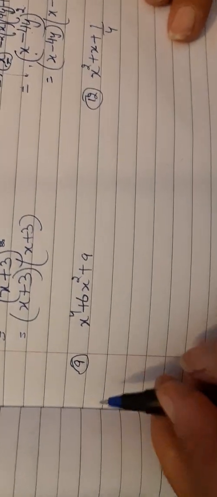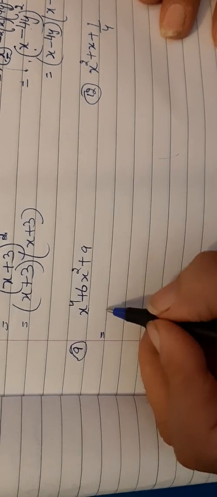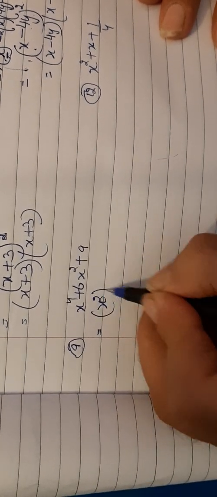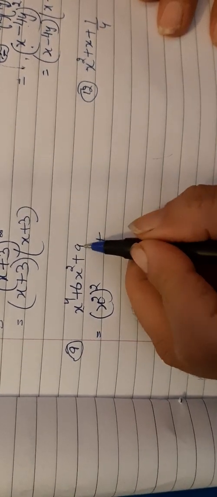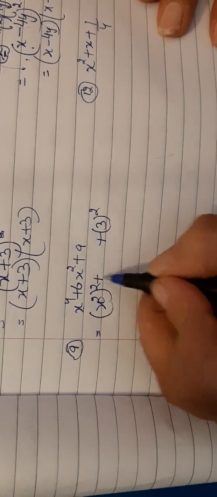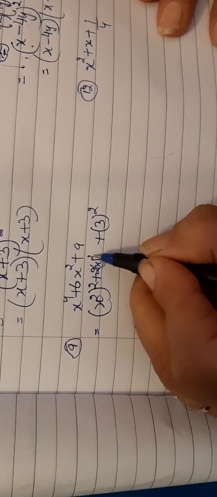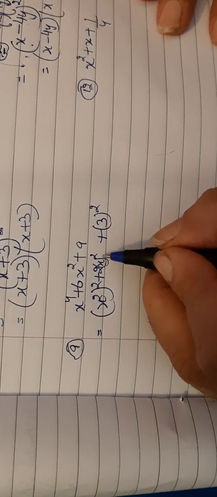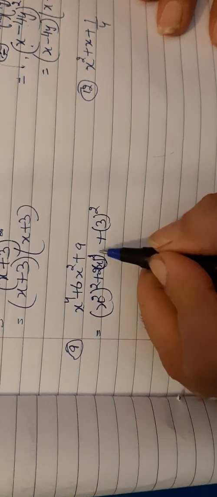Now I am taking up the next question, which is your question number 9. X to the power 4 is the square of x square, plus 9 is the square of 3. And now you can find twice a into b, because your a is x square.